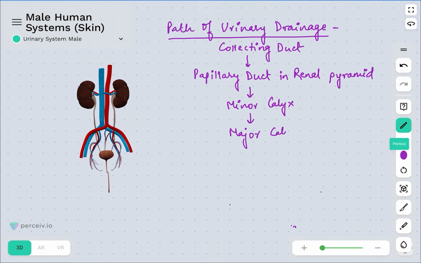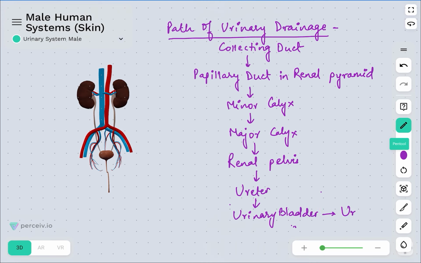So there is the major calyx, then the renal pelvis, then the ureter finally, and the urinary bladder. And the urinary bladder is ultimately going to open into the urethra. So that's what the pathway of urinary drainage comprises.